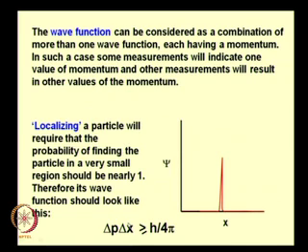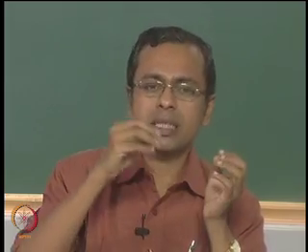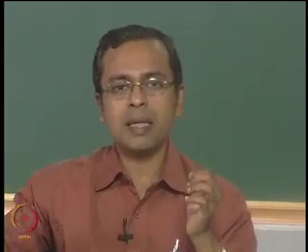In many of our high school books we find this description that if you have an electron and you try to locate its position, you shine a light and that disturbs the electron, so you cannot locate its position very accurately. The more accurately you try to locate its position, the more you disturb it and its velocity changes, therefore momentum changes. That is a simplified description given just to get us going on the concept, but it is misleading, because it conveys the idea that the uncertainty principle is simply an experimental limitation.